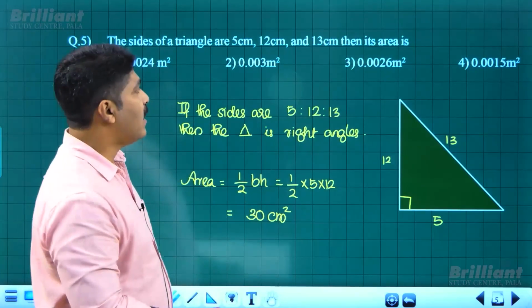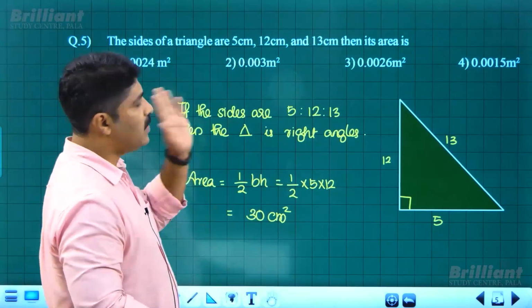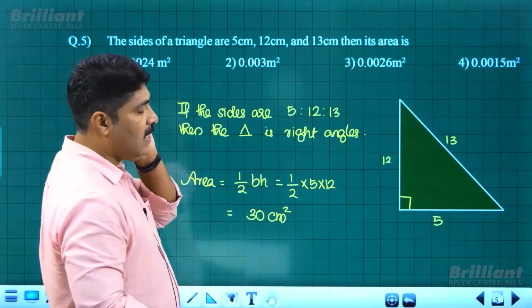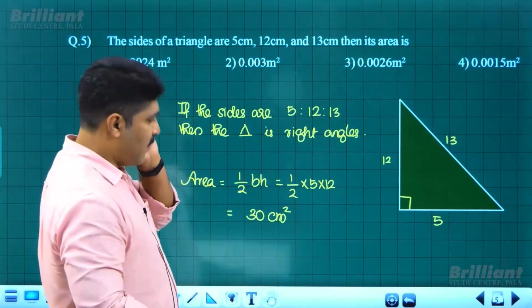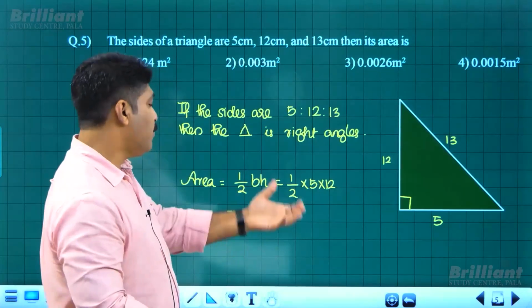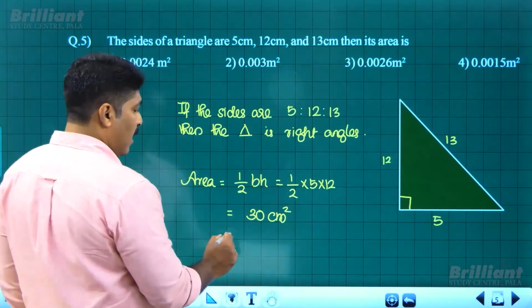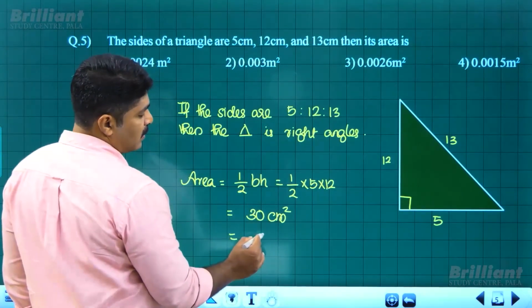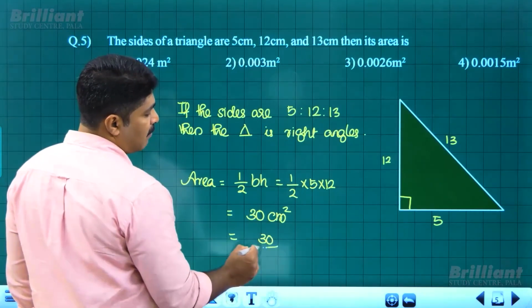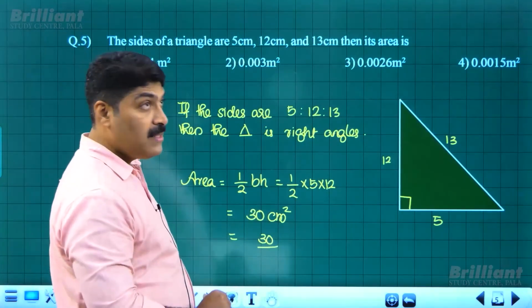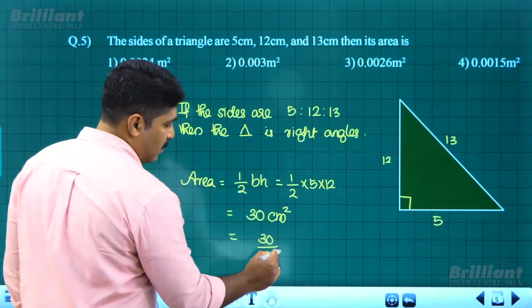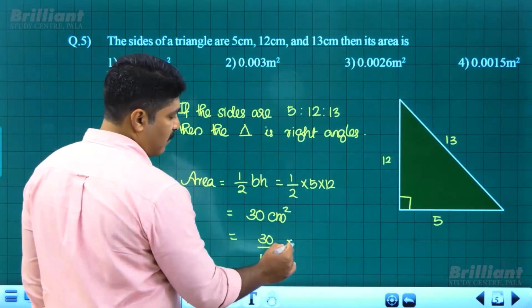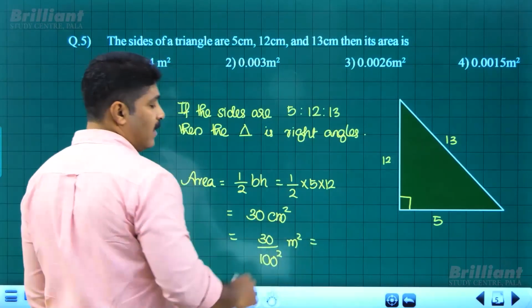So how can we convert it into meters? Here we know that 100 centimeter equal to 1 meter. Therefore, if we need to convert it into meter squares, we have to divide it. So this is 30 by 100 square. We have to consider 100 square, because this is centimeter square.